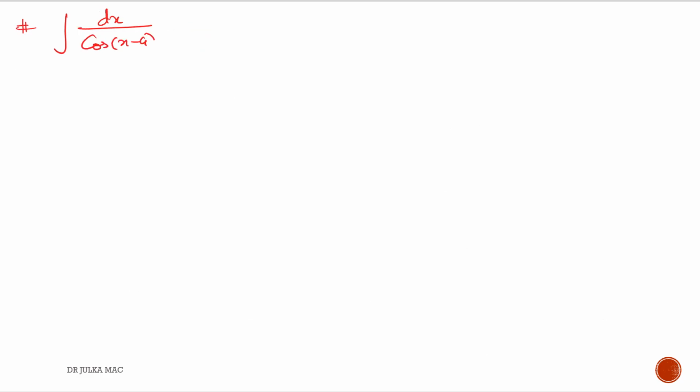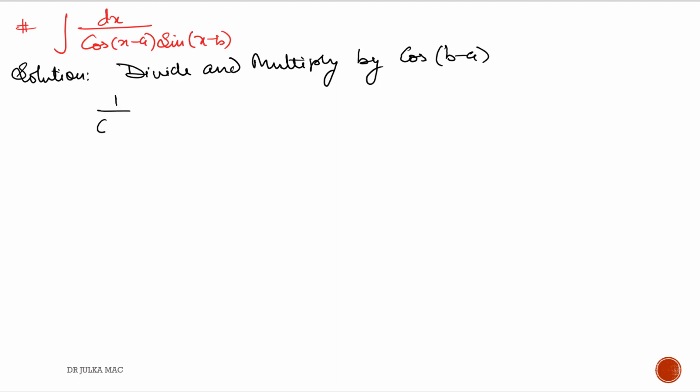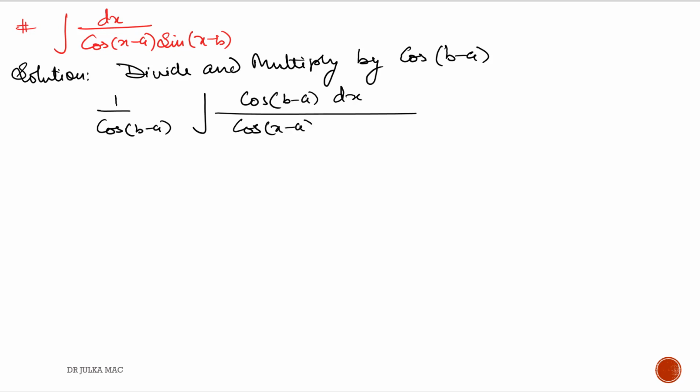Last example, dx divided by cos(x minus a) into sin(x minus b) is a combination of cos and sin. So we divide and multiply by cos(b minus a). Now we have 1 upon cos(b minus a) outside, and it's the integration of cos(b minus a) dx divided by cos(x minus a) into sin(x minus b).